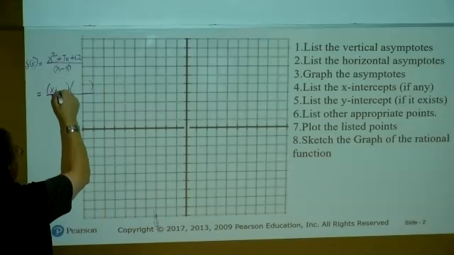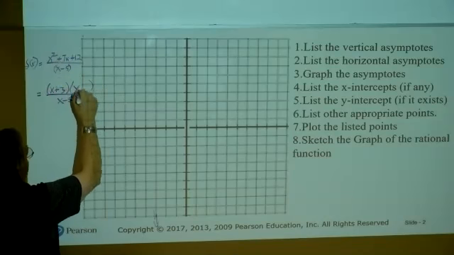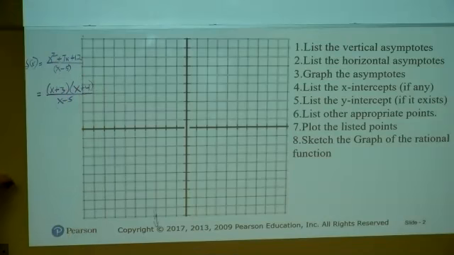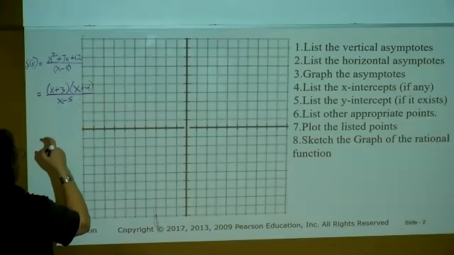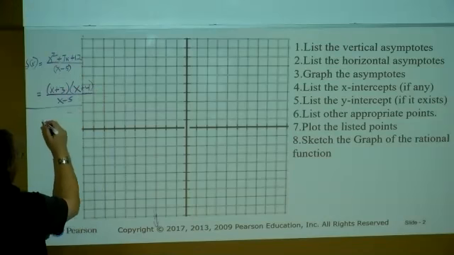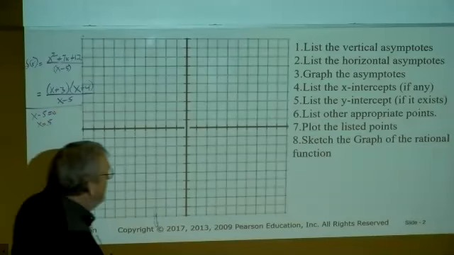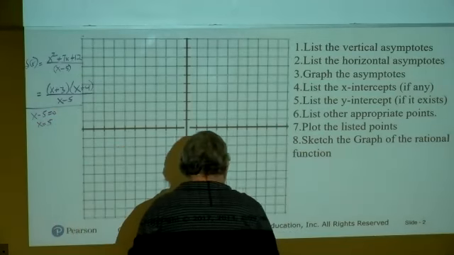So it's x plus 3 and x plus 4. There are no common factors between the numerator and denominator. So the vertical asymptote depends upon x minus 5 being 0. So that's x equals positive 5. So we have a vertical asymptote over here at 5.